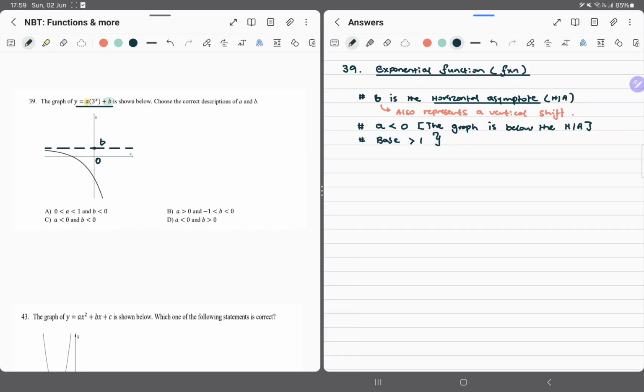Now this combination, of a and b, which is the base this time. Remember, b was used for the asymptote, unfortunately, but we normally use b to denote the base of the exponential expression. These two together give us the fact that this graph is decreasing.